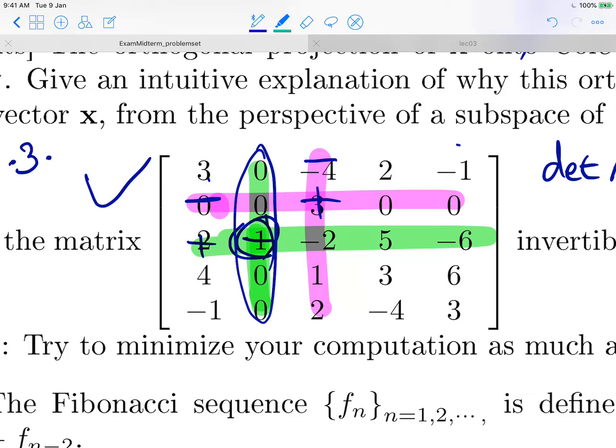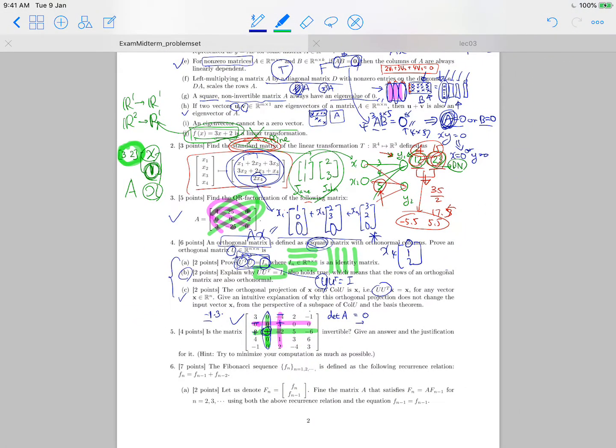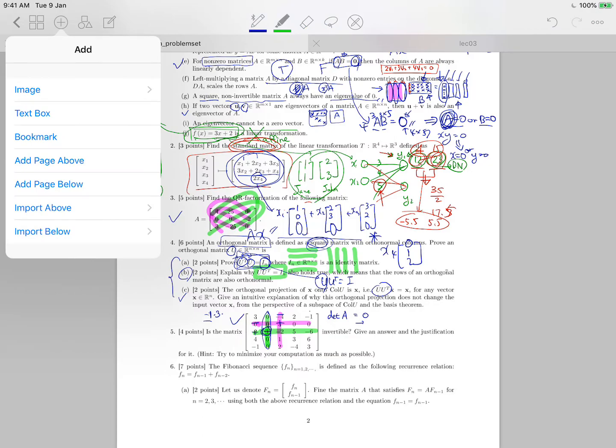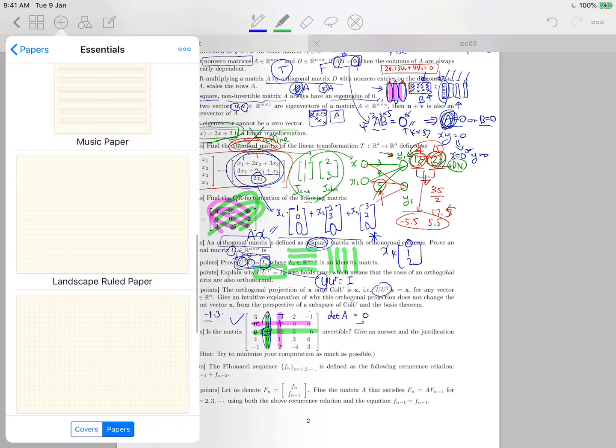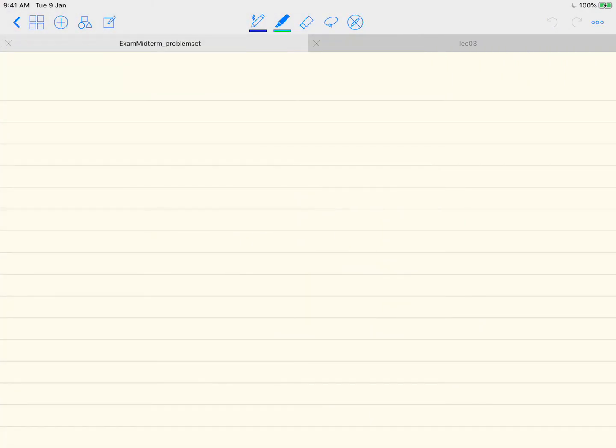So this determinant has a physical or intuitive meaning.